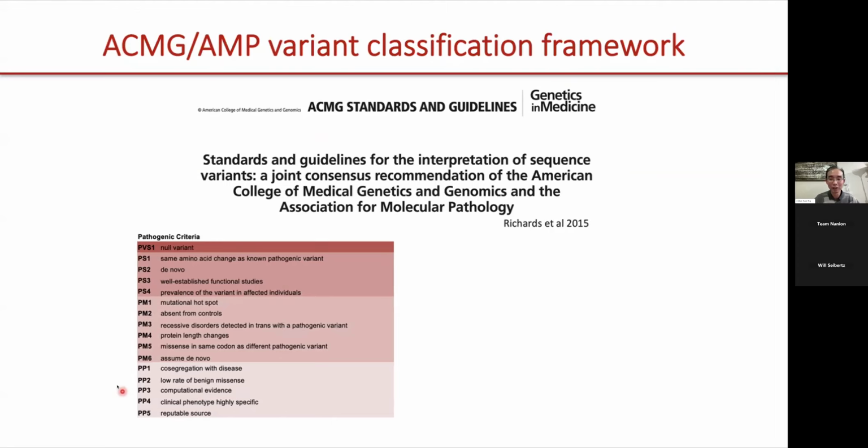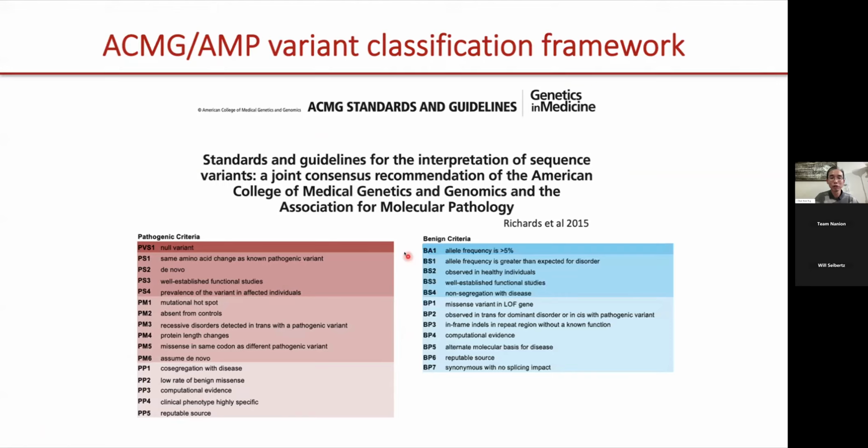In addition, there is also a separate list of criteria for classifying a variant as benign. The stronger one is allele frequency, because if the allele frequency is more than the disease prevalence, then it's unlikely that the variant will contribute to the disease in that patient.